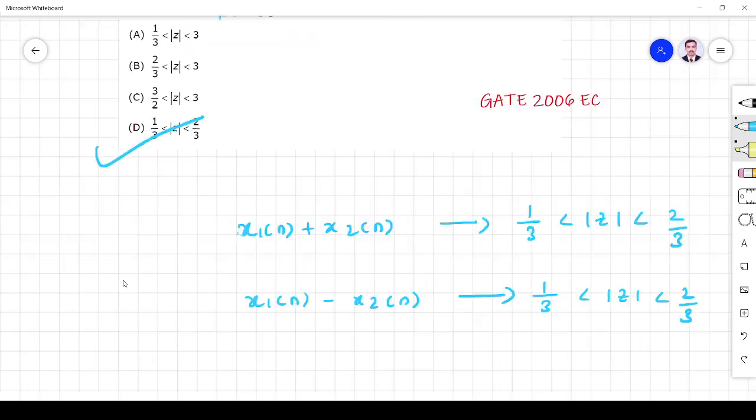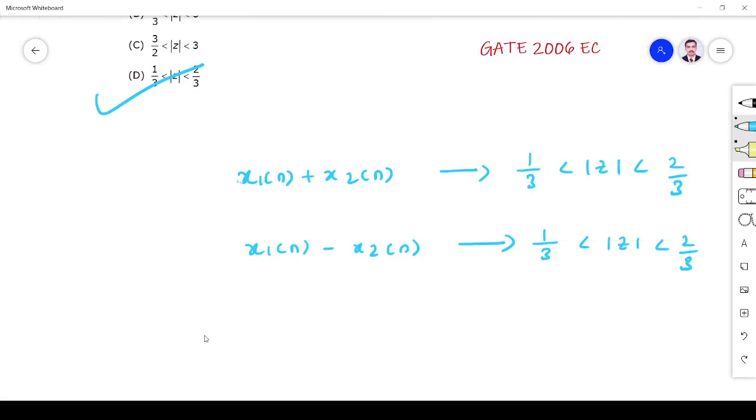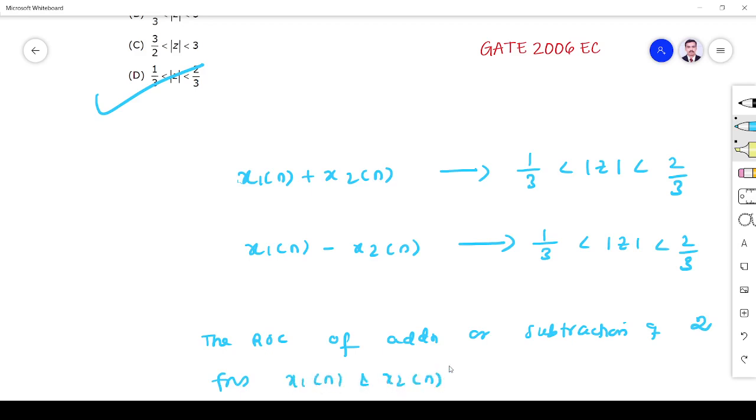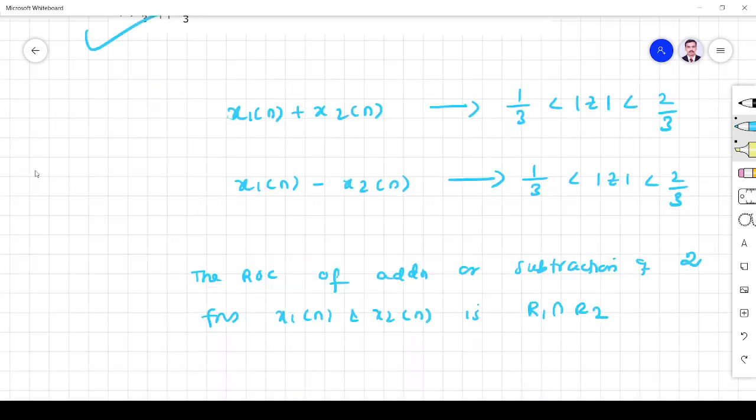Right. So what is the property we used here? The ROC of addition or subtraction of two functions x1 of n and x2 of n is, we know, the common region between the ROC of the first one and the ROC of the second one.